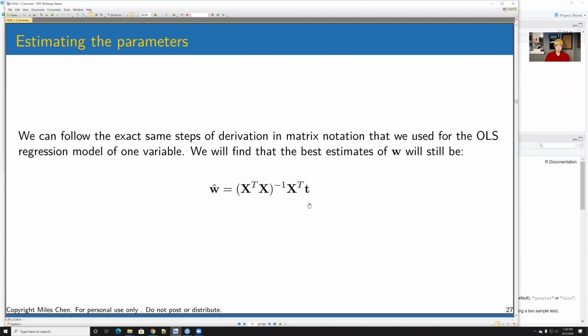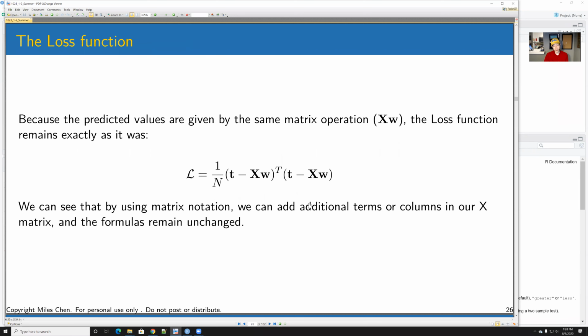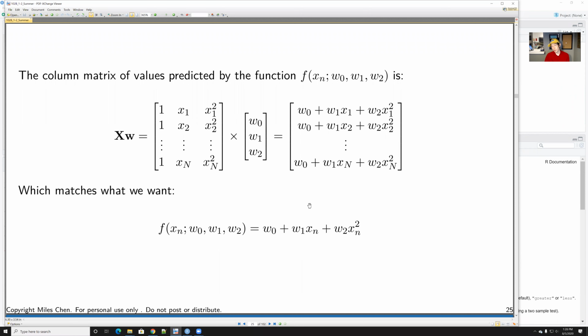If we did this the old-fashioned way without matrix notation, using partial derivatives, our life gets much harder. We would have to find the partial derivative with respect to W0, with respect to W1, and with respect to W2, and then solve all of those equations to find where that system of equations equals 0.